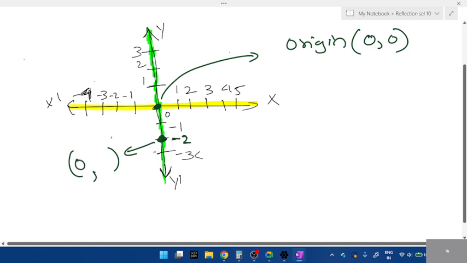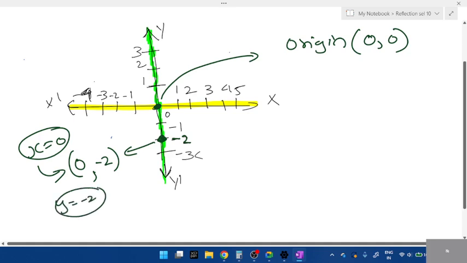Keep it as 0. What is the y value? Minus 2. This in a question we read like this: x is equal to 0. So if x is equal to 0, take x as 0, the y value will be given. Okay, y is equal to minus 2.